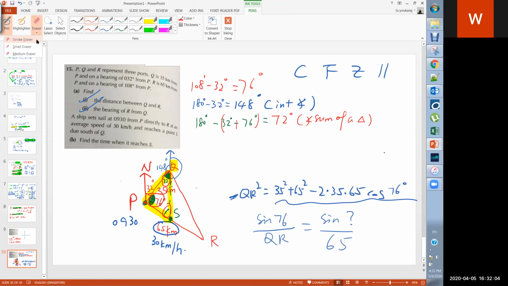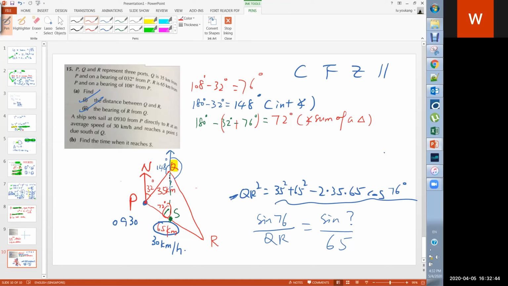Now I'm going to erase because some of them are not needed. This is 72 degrees. If this is 72, to find PR you need to find what? PR, I already have, right? So that is sine rule. No, hold on.